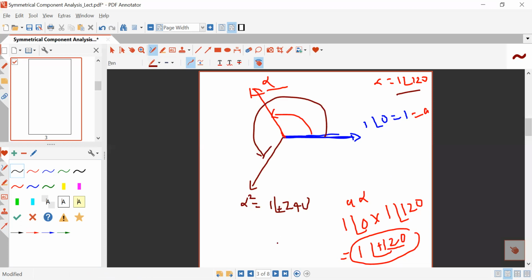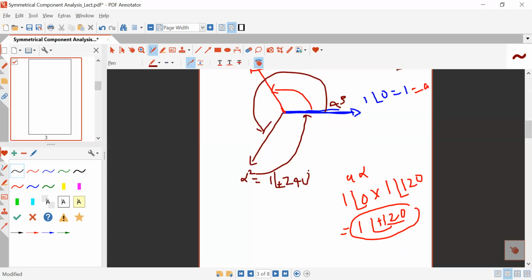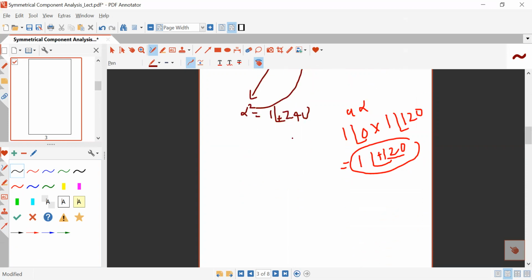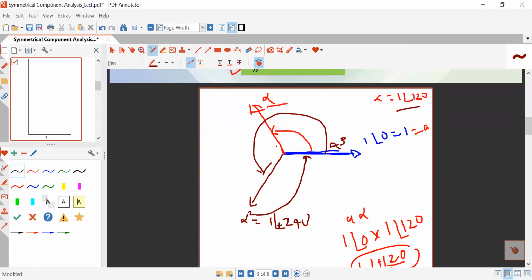And when you again multiply alpha, this will rotate again and you will get the same vector from where you started. So in conclusion, when you multiply any vector with alpha, that vector will be rotated by an angle of 120 degrees in anti-clockwise direction without changing its magnitude. This is the meaning of alpha.